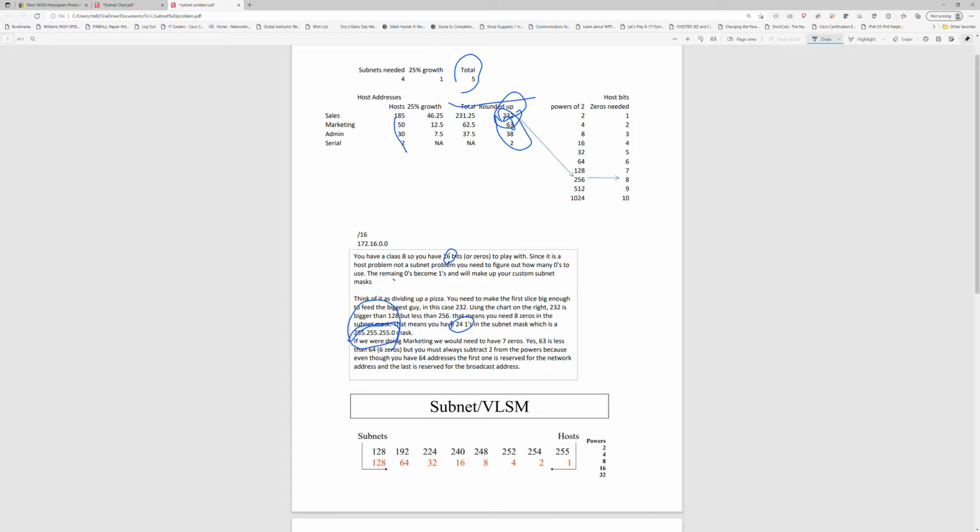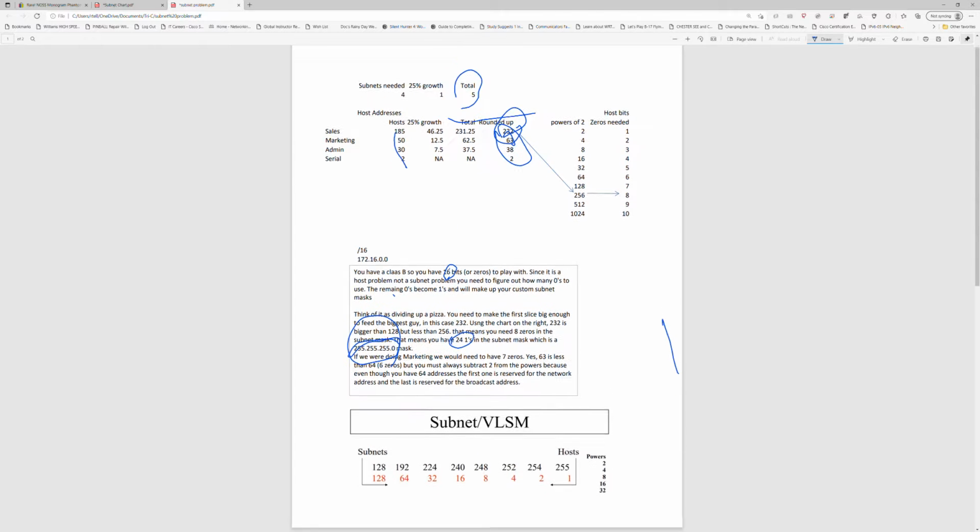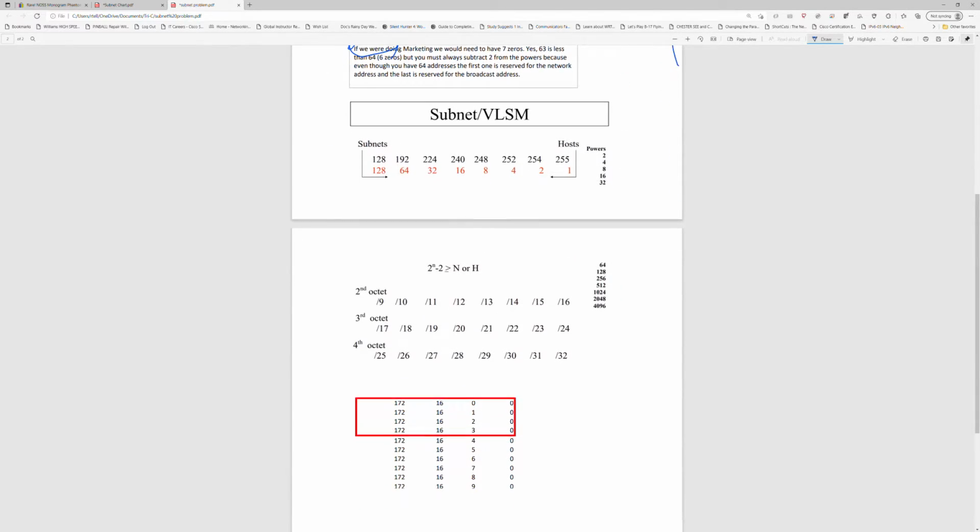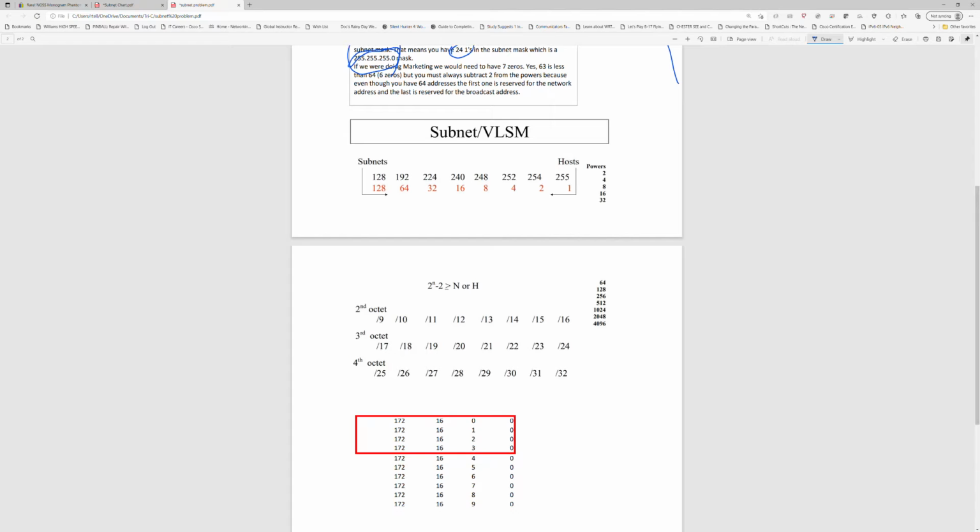So figuring out how many zeros is one thing, but we have to figure out what our addresses are going to go up by. And this is where that subnet chart that I showed you earlier helps out.